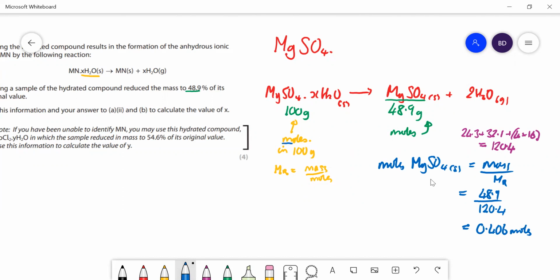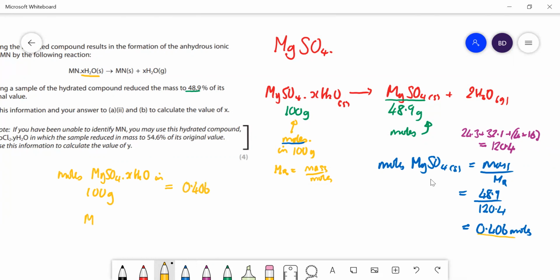So now we know this is the number of moles we've got here. So let's write down that. So moles of the hydrated in 100 grams, that's equal to this number, 0.406.